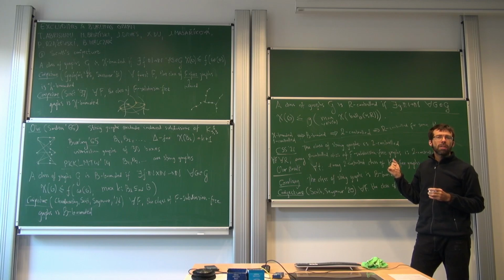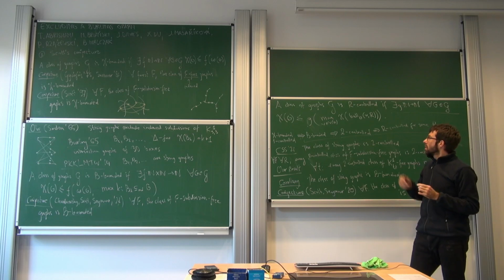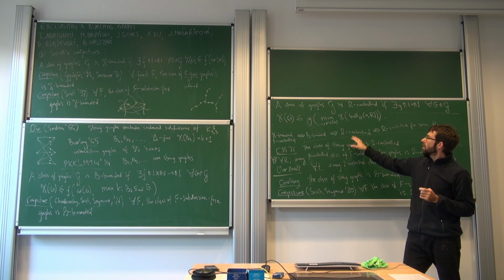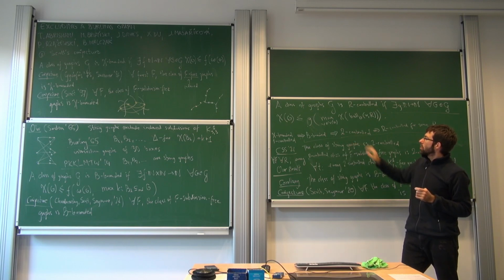I think a good candidate for a counterexample is the class of twin-cut graphs, which is similar to Burling graphs in some aspects, but I'm not sure whether they are known to be two-controlled.